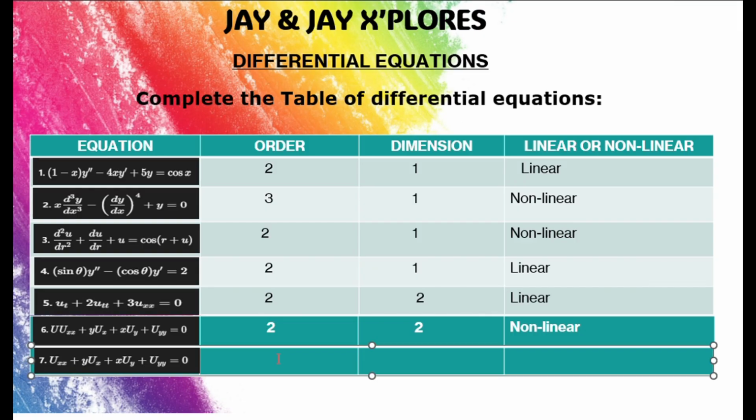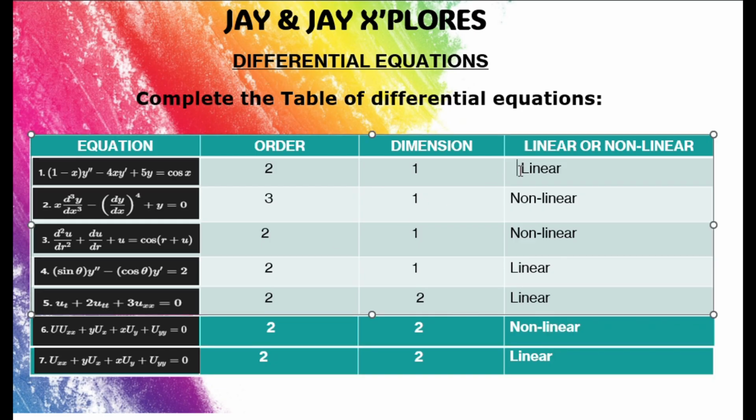With these values, let's put them inside the table. So I think we are at the end of completion of the table. Yes, so we have the order to be 2, the dimension was x and then y, so we have the dimension to be 2 as well. Then the equation is a linear equation. Good.